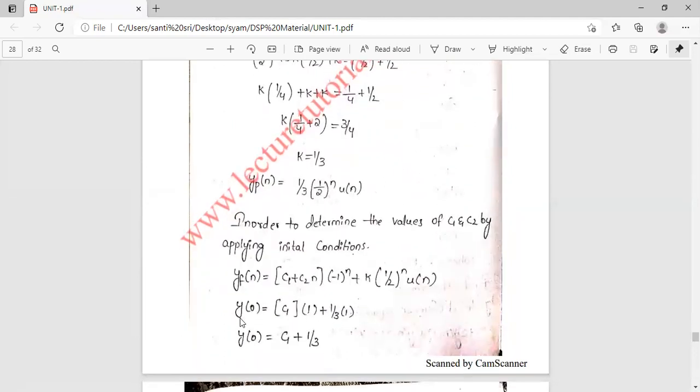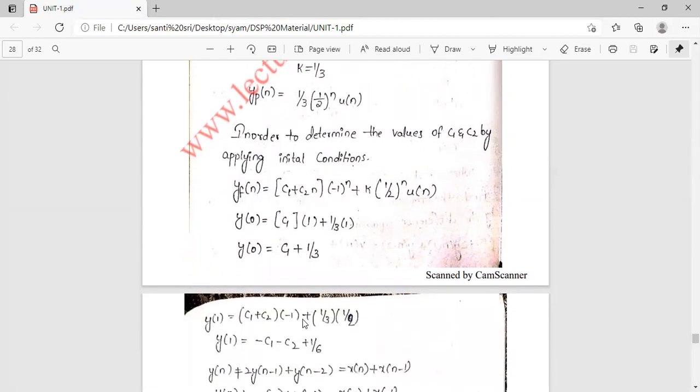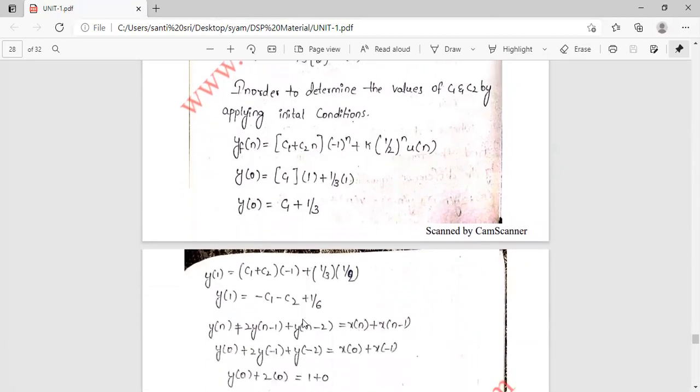Okay, so yf of 0, that is c1 plus c2 into 0, that is 0. C1 into (-1)^0, that is 1, plus k into (1/2)^0 into u of n, okay, 1. So it is equal to y of 0 is c1 plus 1 by 3. Okay, substitute 1. So we will get y of 1 equal to minus c1 minus c2 plus 1 by 6.